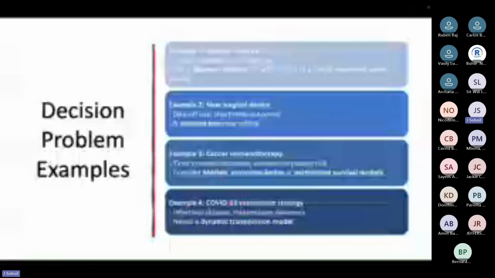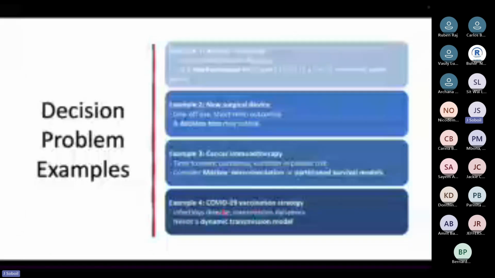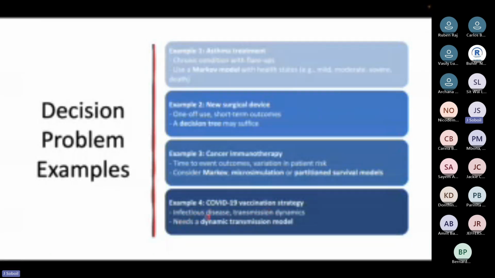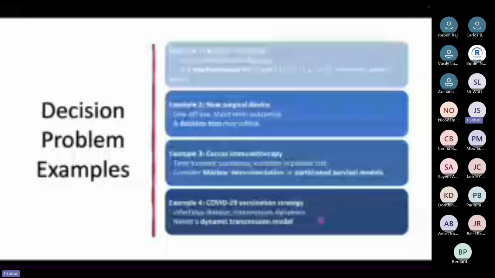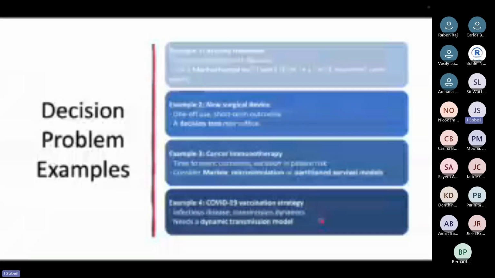And then finally, COVID-19, something we are all familiar with. Because it's an infectious disease, ideally you would want a dynamic transition model. And this often requires a whole team to do. During COVID, for example, I know of someone who joined the UK Health Security Council, and together with epidemiologists and statisticians, they developed a COVID-19 dynamic transition model.